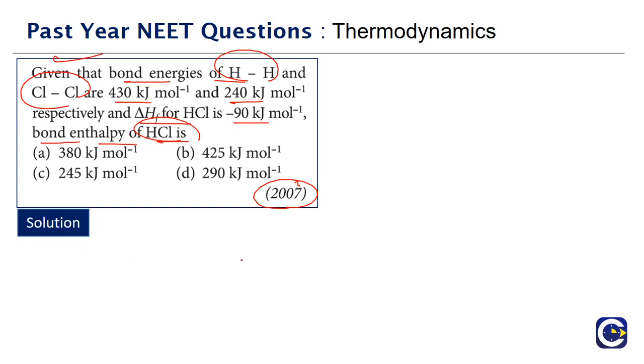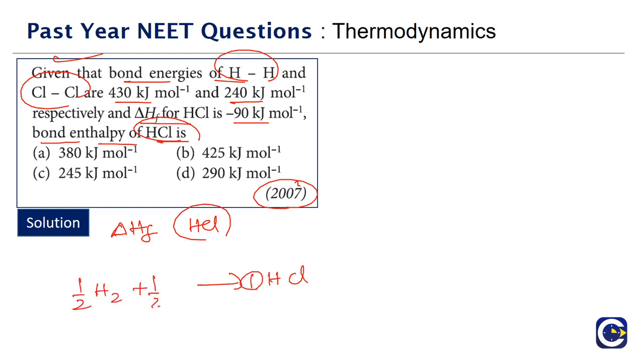Again, so delta H formation of HCl means what? It is the enthalpy change involved in the reaction where 1 mole of HCl is formed. Means we take half a mole of H2 and half a mole of Cl2 to produce 1 mole of HCl. For this, what is the delta H value given? Minus 90. Delta H will be equal to what? Bond energy of the reactants minus bond energy of the product. Okay, so minus 90 is equal to, what is the bond energy of the reactant?